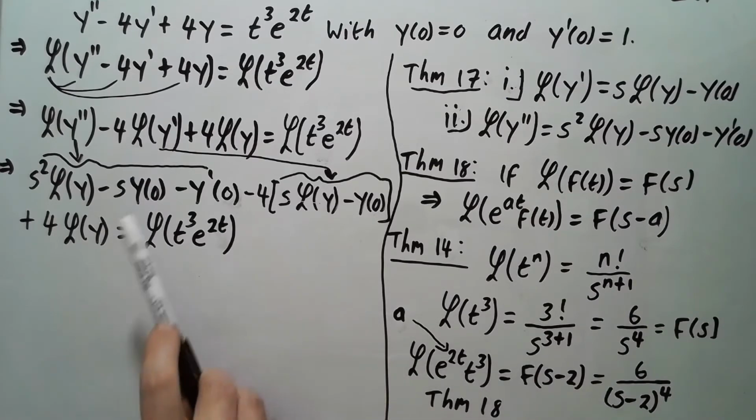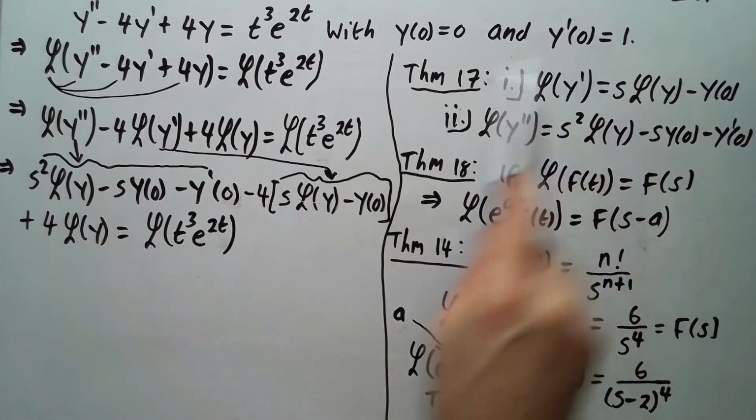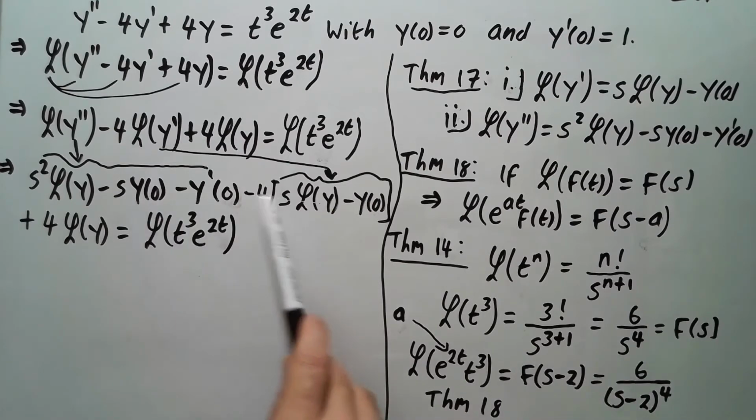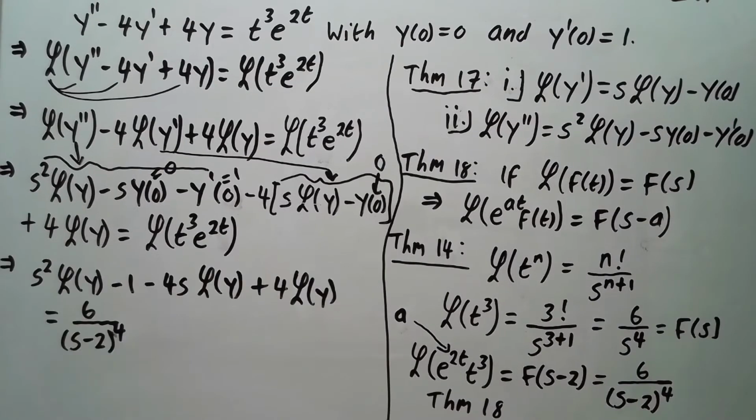And also, in place of the y of 0, it's 0. In place of the y prime of 0, it's 1. So let's make these substitutions, and let's replace all the y's and y primes. So let me write down here the result. Okay, so we get this.